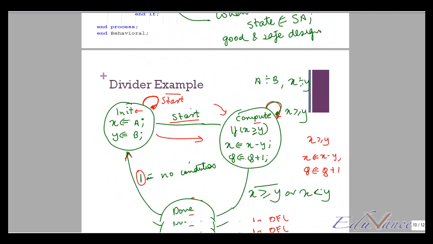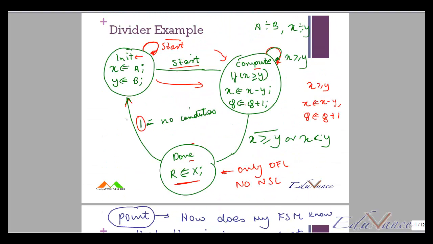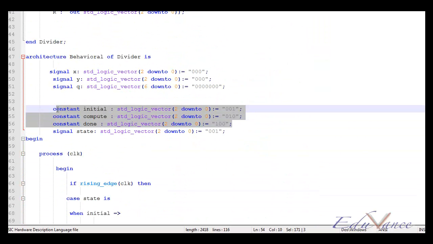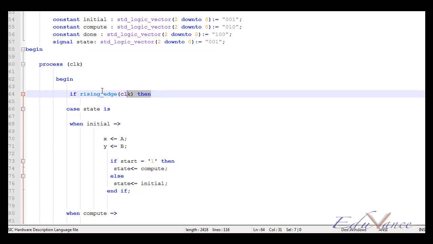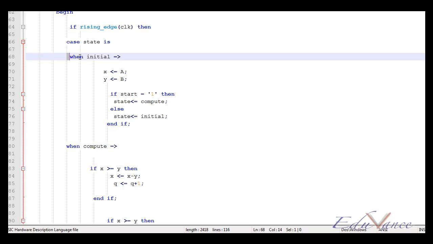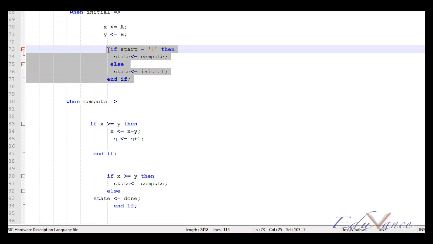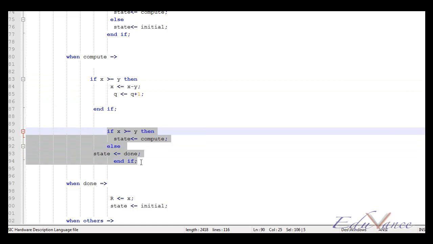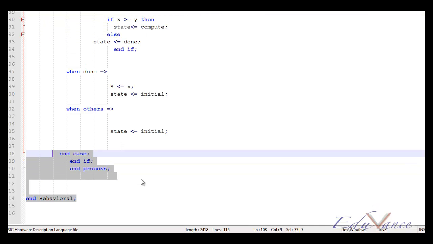And then we saw the example of a divider, a practical example, and we saw how to write that divider in VHDL, the same concept where each state is given a constant, then we have a signal to hold that state, then the clocked process, the case statement to write the state, then the different cases, and then we write the OFL and the NSL. If you see, this is a conditional OFL, this is a conditional NSL, and then we close the program with the end case, end if, and the end process.